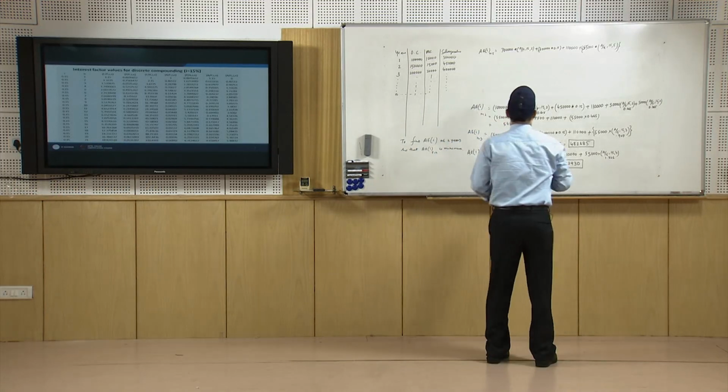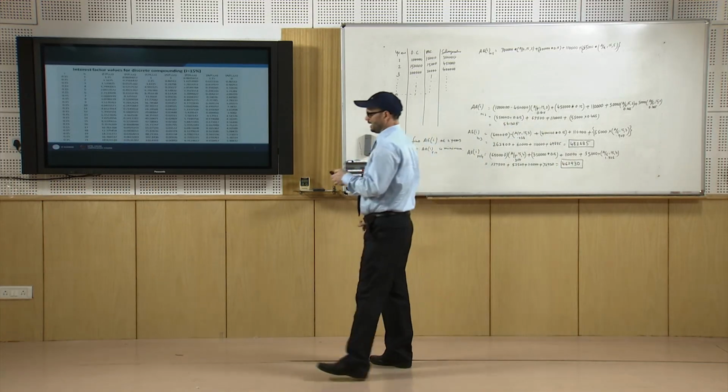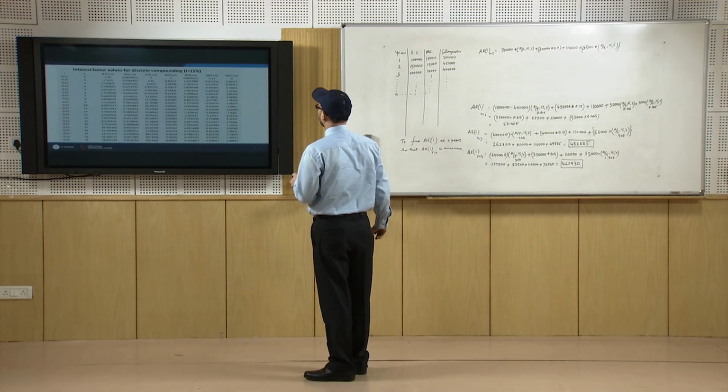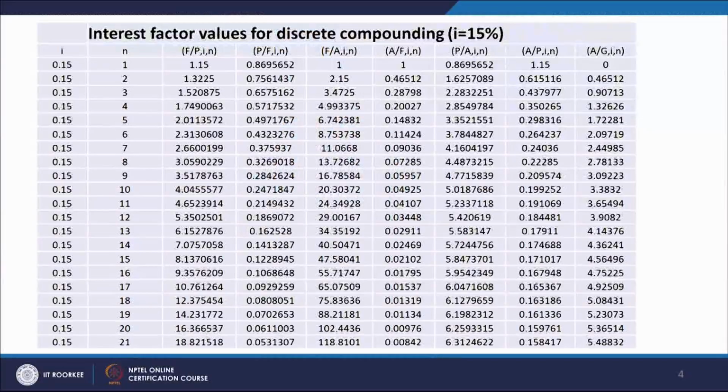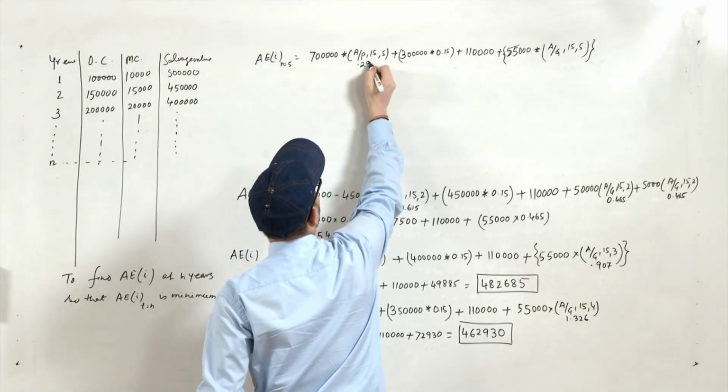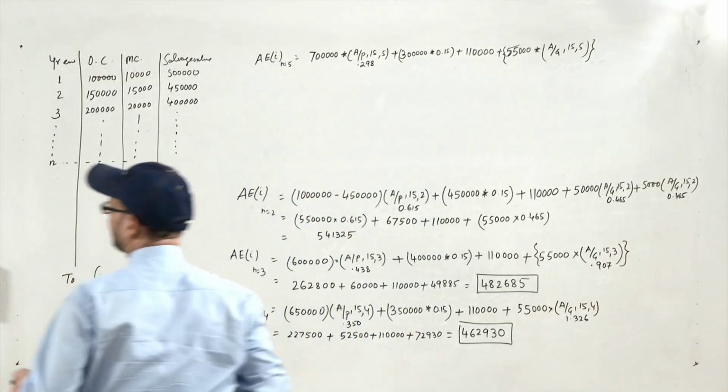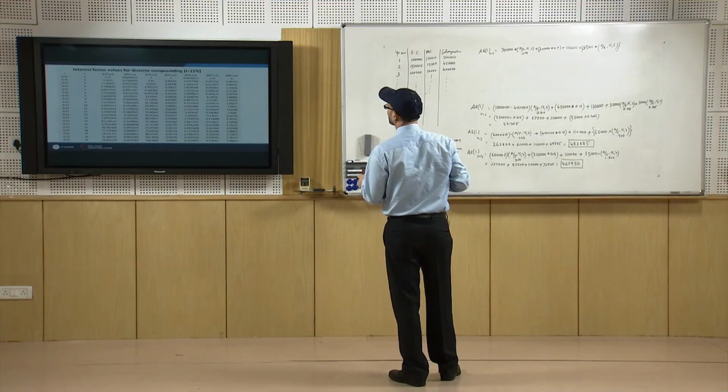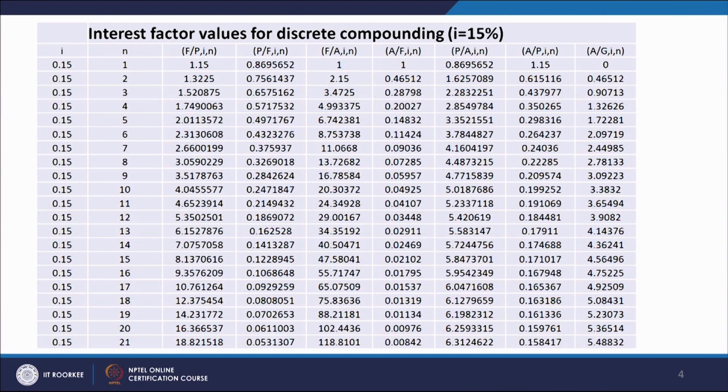So, now A by P 15.5 and A by G 15.5. A by P 15.5 is coming out to be 0.298 and A by G 15.5 is coming out to be 1.722.